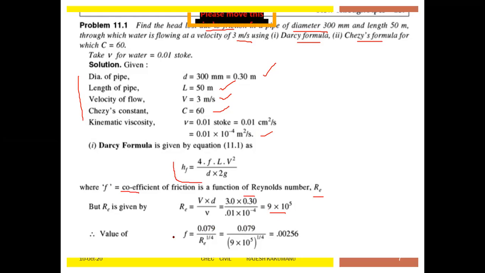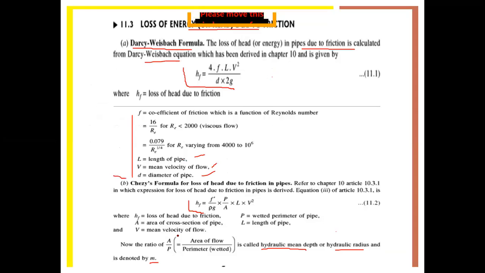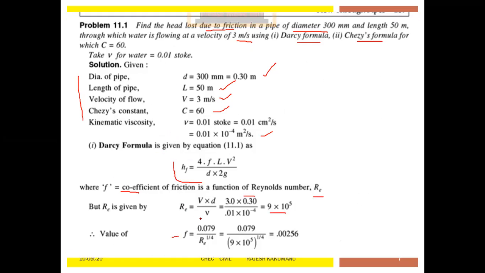Then the value of F, according to this formula, see here: less than 2000, it is viscous flow. More than 2000 and up to 4000, it is this one. So we are using this formula now, 0.079 divided by Re to the power of 1 by 4.